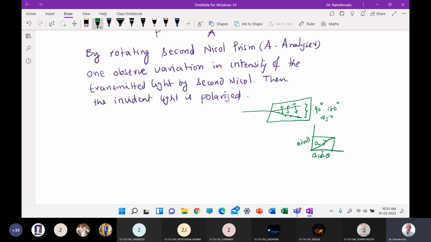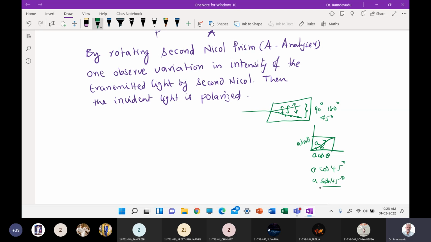If I make this angle 45 degrees, that means the E ray and O ray moving within the crystal have a phase difference of 45 degrees. Then I'll get A cos 45 and A sin 45 degrees. Thereby their amplitudes are equal.